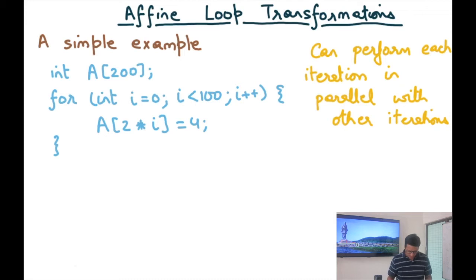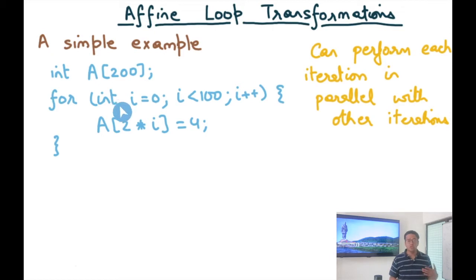Now, let's look at the advantage that we have by using such specialized analyses for affine array accesses. First of all, I would like to point out that for several numerical applications, such as in the domains of image processing, graphics, also recently machine learning, it is common to have such patterns where the accesses are affine functions of the surrounding loop iteration variables, or these are also called affine loops.